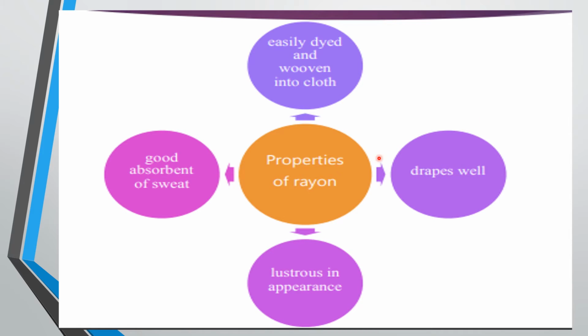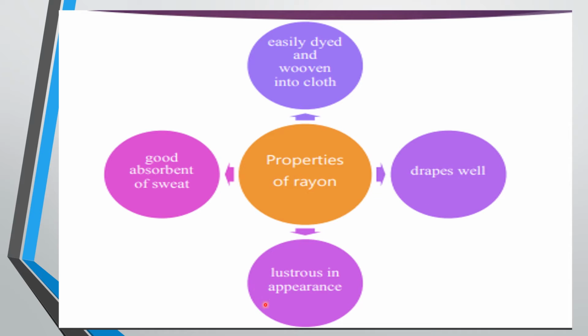Now let us discuss the properties of rayon. The main advantage of the rayon fiber is that it is a very good absorbent of sweat, so it can be worn even during hot summer days. And the next is it can be easily colored and easily woven into cloth. And whenever we drape rayon, it suits the body or the physique of an individual very well.